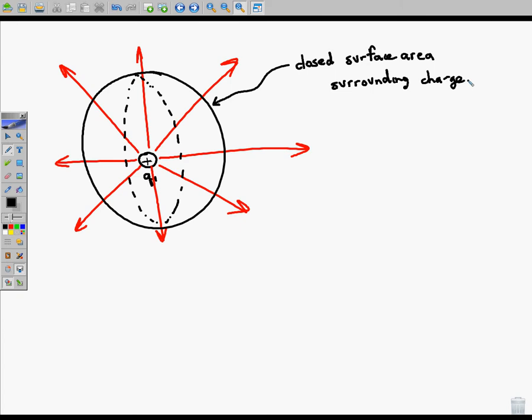And what I want to do, folks, is calculate how much electric flux is going through this closed area. It's called a Gaussian surface.